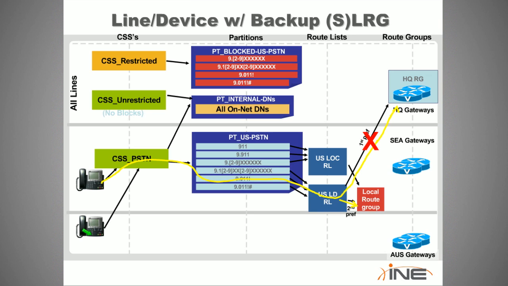But maybe the WAN's down, and we're in SRST mode probably, unless we have a distributed cluster, which is possible as well. Maybe that route isn't available for whatever reason. Trunks are full, and so we will fail over to our site-specific local route group based on this dynamic standard local route group entity.